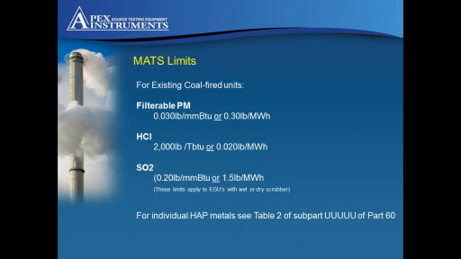Making that assumption, limits for these existing coal-fired units are 0.030 pounds per million BTUs or 0.30 pounds per megawatt hour of output for filterable PM, 2,000 pounds per trillion BTU or 0.020 pounds per megawatt hour of output for HCl. SO2 is 0.20 pounds per million BTU or 1.5 pounds per megawatt hour.